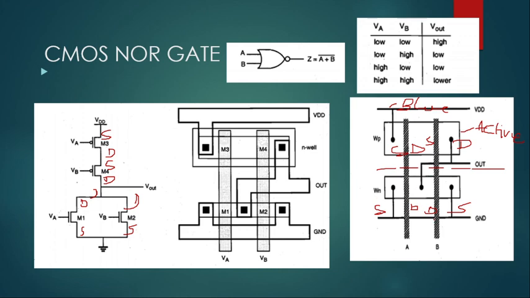So here both the drains are taken inside and they are connected to it, and both the sources are connected to ground. Same way you can make the layout.